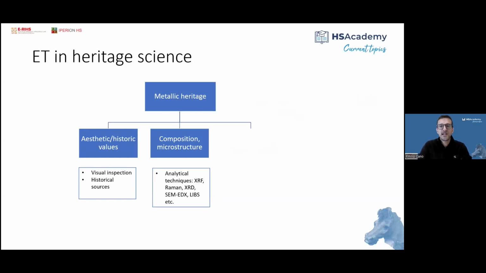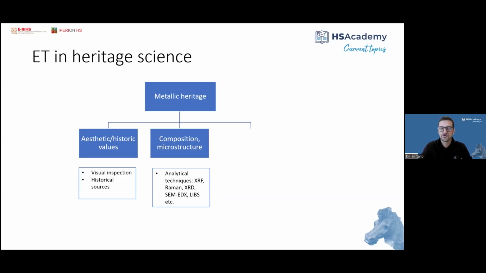When we want to study metallic heritage, of course, we have different techniques or approaches depending on what we want to study. If we want to focus on the aesthetic or historic values, we can use visual inspection or reading historical sources, with any historical study. If we want to investigate the composition and microstructure of the metals, surface, patinas, we have plenty of analytical techniques.